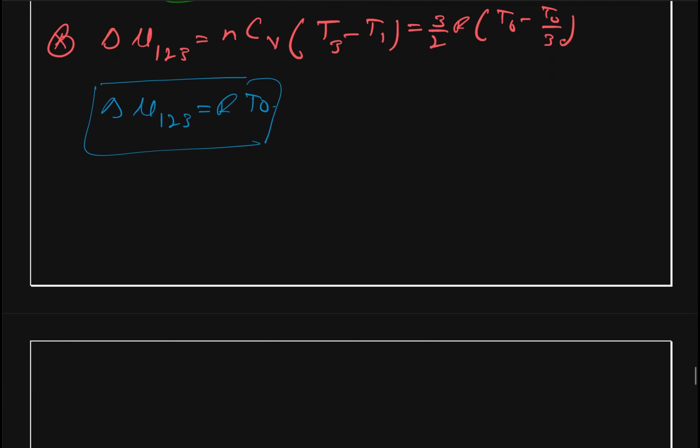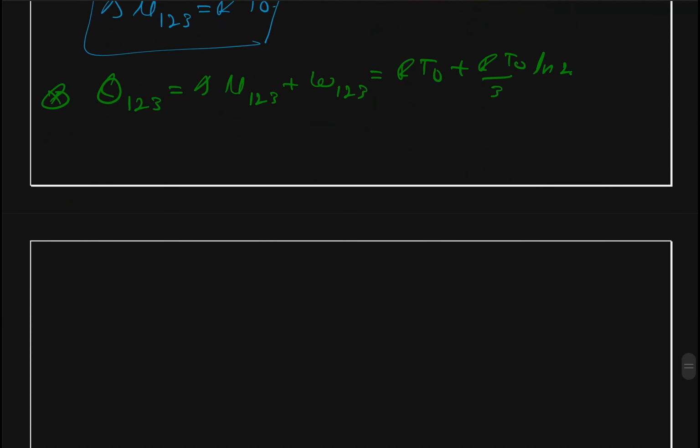Then we come to our next, that the heat absorbed Q1 to 3, and Q1 to 3 will be our delta U 1 to 3 plus work done 1 to 3. So we have this as our RT0, and for 1 to 3 is our RT0 divided by 3 natural log of 2.